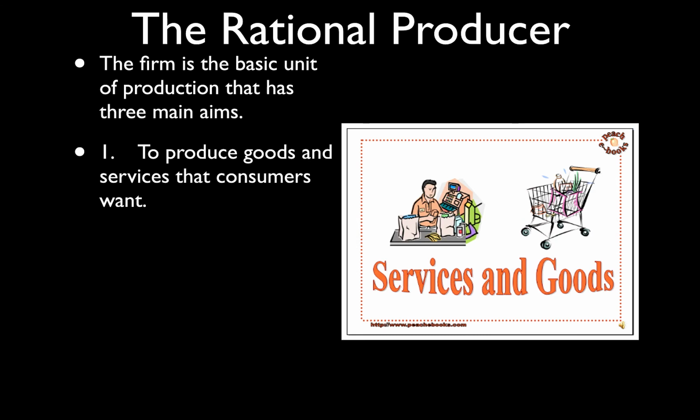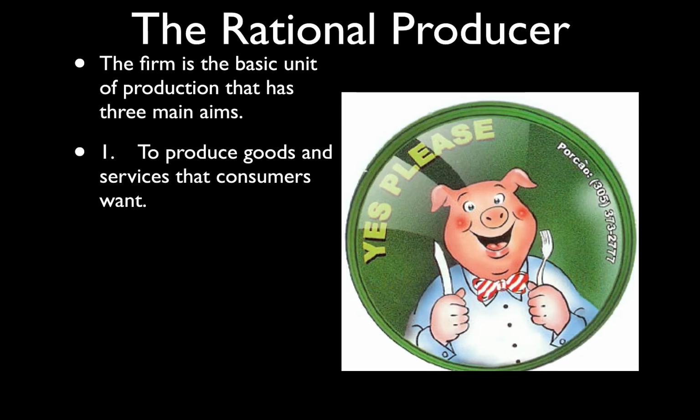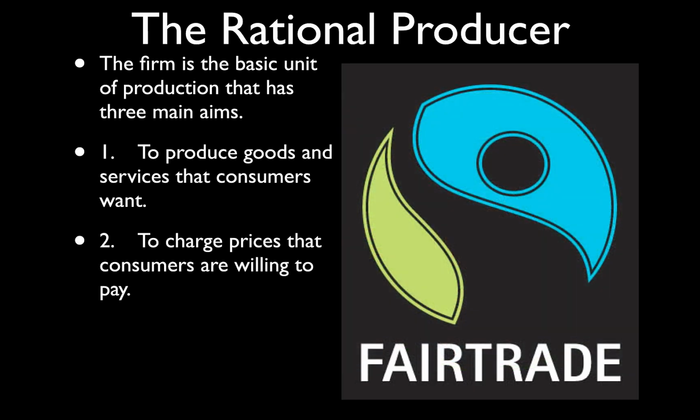The first aim is to produce goods and services that consumers actually want, because otherwise they won't make a profit. Secondly, to charge prices that consumers are willing to pay, because even if they are producing goods and services that consumers actually want, if they charge too high a price, then nobody's going to buy it.